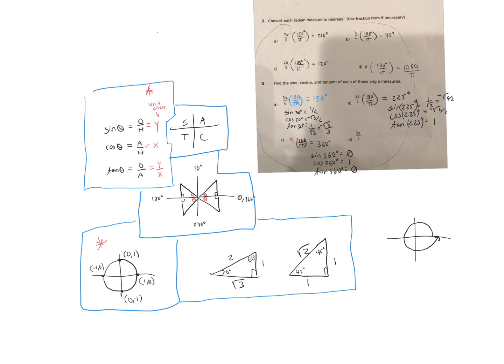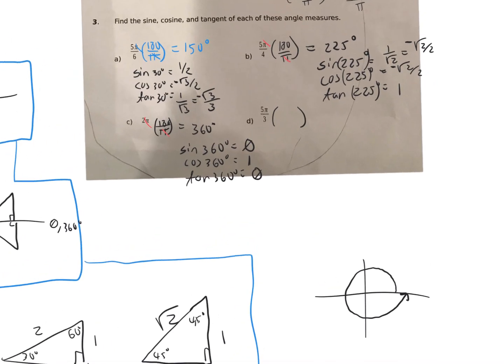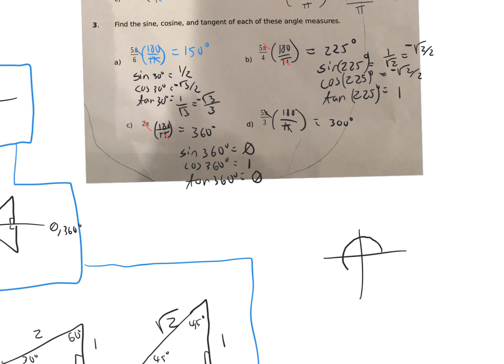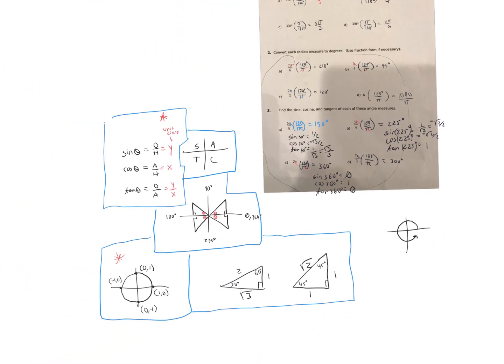Looking at part D, if we were to convert that to degrees, we would have this scenario. Pi's would cancel. You would have 60 times 5, which is 300 degrees. Now, that would, in the xy coordinate plane, land us in the 4th quadrant, which means we would be dealing with some kind of a triangle that kind of looks like this one, right?